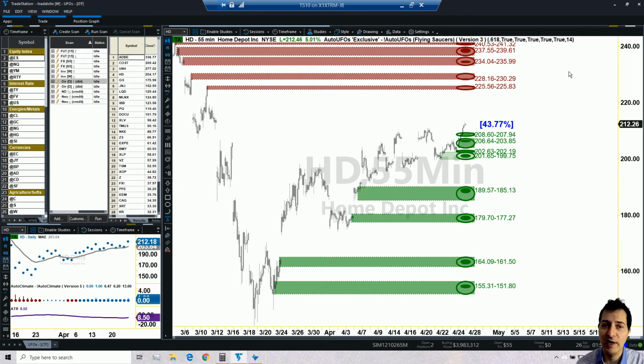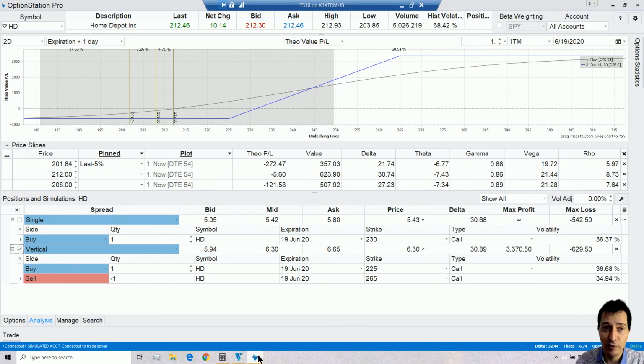And of course, when we have crazy moves like the ones that we just saw in the prior month and beginning of April, forget about it. All the orders are going to be canceled. Many opposite orders are going to be added, and the market will never come back. And your option will expire, and you will lose the whole amount of premium paid. But this will happen less often compared to if you use a stop.